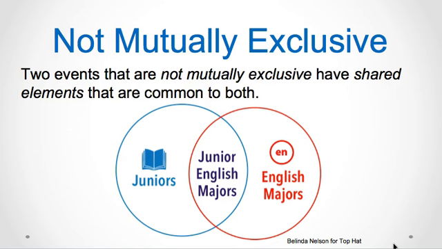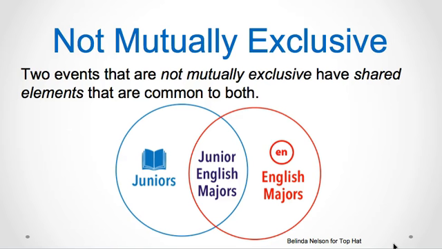Two events are not mutually exclusive if they share at least one common outcome. Here you can see that we have two events, A and B. Event A is juniors, and event B is English majors. And we also have a small subset of juniors who are English majors.